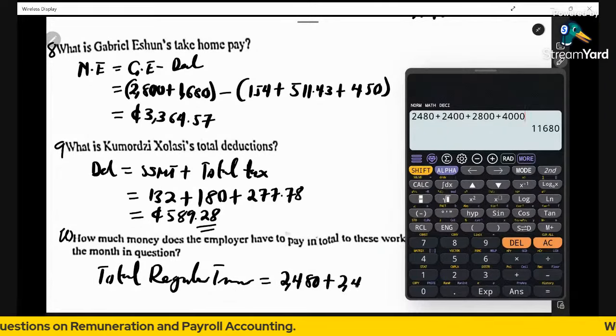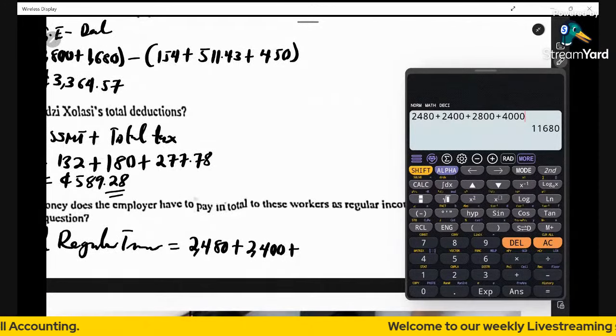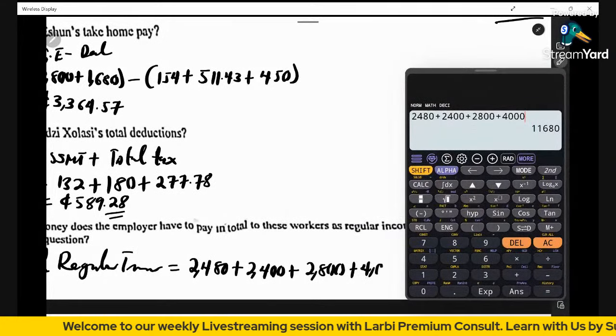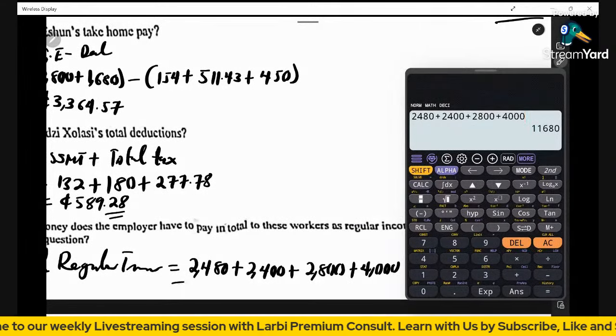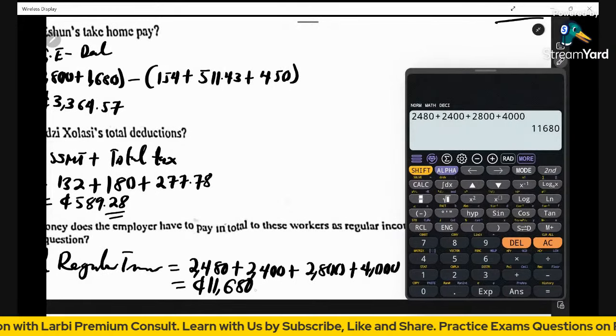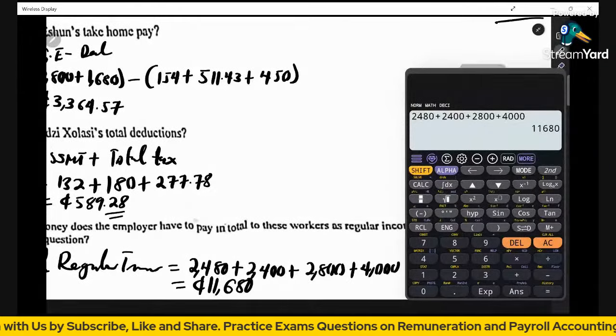Second goes for 2,400. The third goes for 2,800, and lastly 4,000. Okay, and you should be able to get towards 11,680. Let's take note of that.